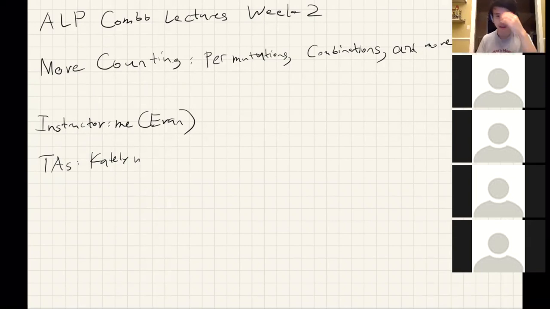Okay, so today is ALP. This is week 2 of the ALP Combinatorics lectures. Last week we covered elementary counting techniques, and this week we'll be covering more counting, which is basically permutations, combinations, and the principle of inclusion and exclusion.